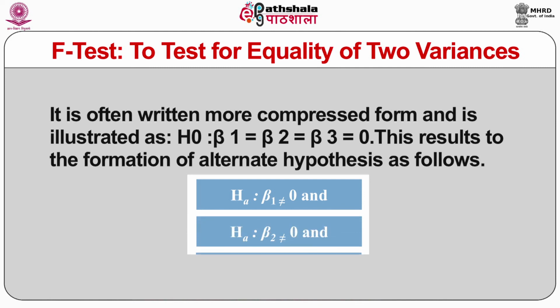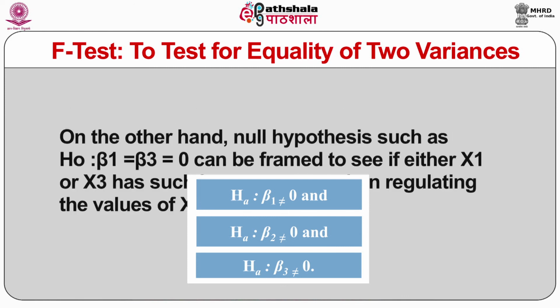This results in the formation of the alternate hypothesis. This is a test of the null hypothesis to test if the independent variables have any predictive power. On the other hand, a null hypothesis such as B1 = B3 = 0 can be framed to see if either x1 or x3 has any power when controlling for the values of x2.